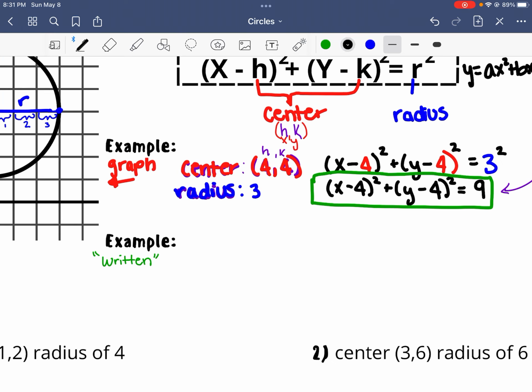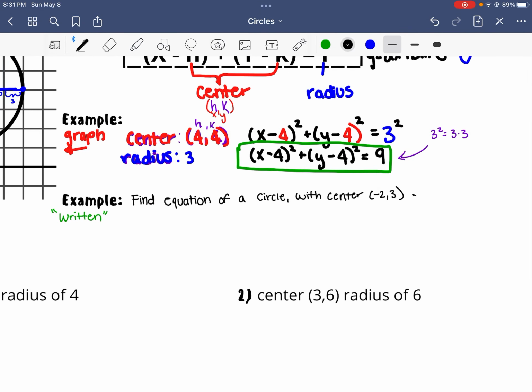So let's pretend that I'm asking you to find the equation of a circle with center -2, 3 and radius of 5.